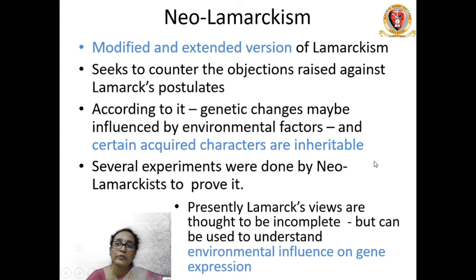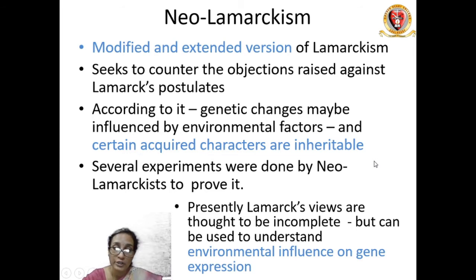Later, there were a few people who came about and supported Lamarck, and these scientists were called the neo-Lamarckists. They tried to explain Lamarck's postulates in a modified and an extended way. It tries to counter the objections that were raised against Lamarck's postulates. Now, according to neo-Lamarckists, genetic changes may be influenced by environmental factors, and certain acquired characters are inheritable.